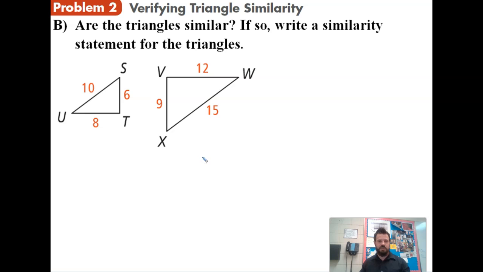We'll look at the ratio of, I'll start with the smaller sides, 6 over 9. Okay, 6 over 9 is going to reduce down to 2/3. And what I need to do now is see if the other sides reduce to 2/3 as well. Let's go with the medium length side next, 8 over 12.